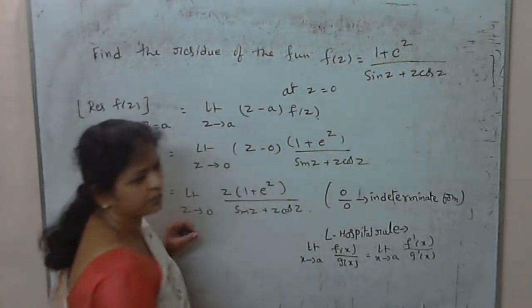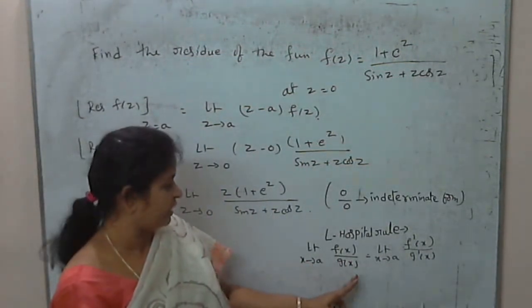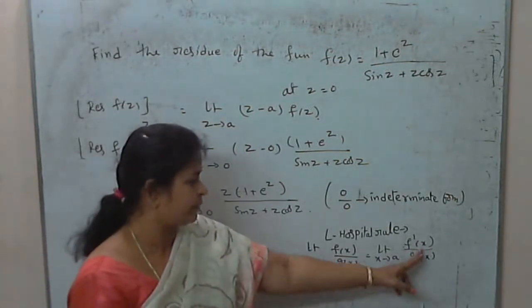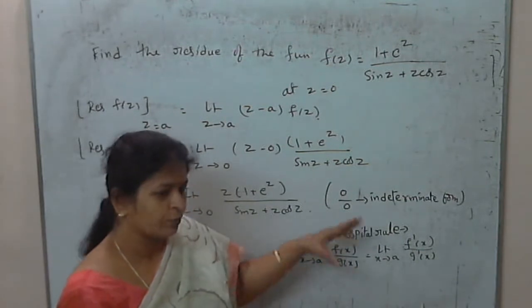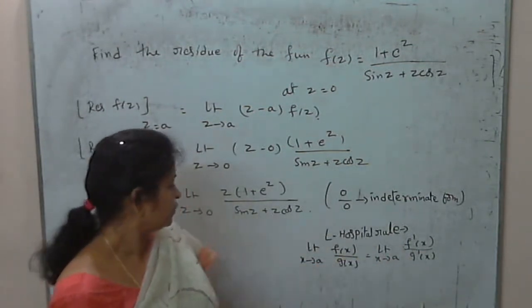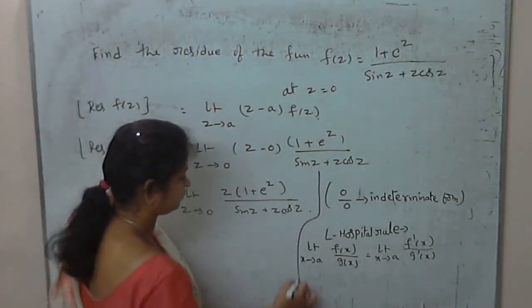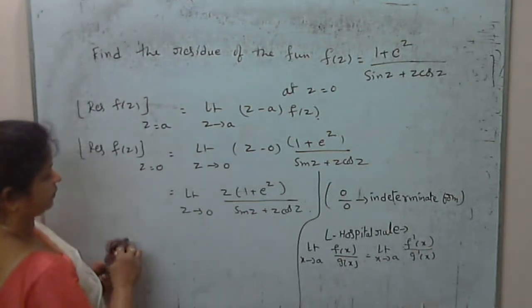This is L'Hospital rule. That means if you differentiate numerator and denominator, then the limit value does not change. Using this formula, now we can find the residue.